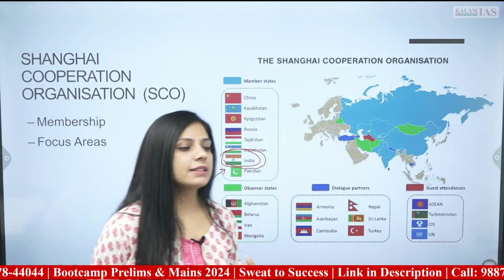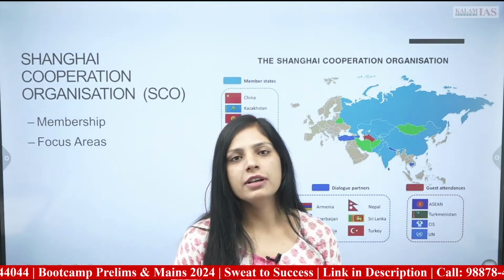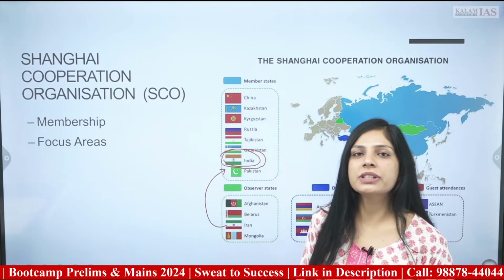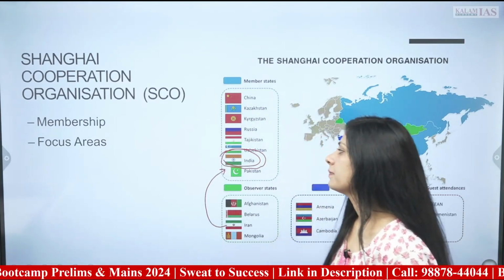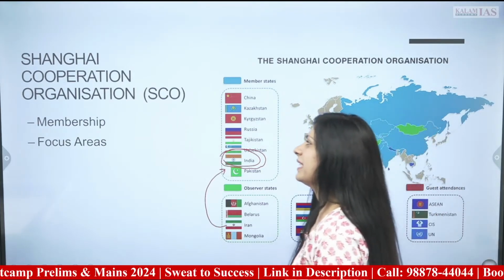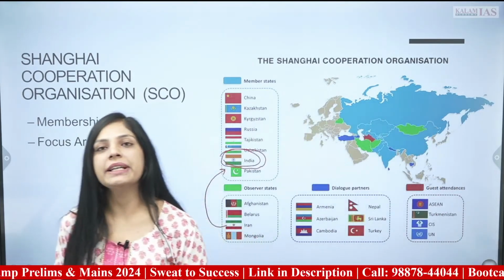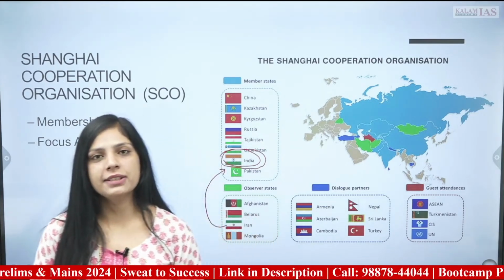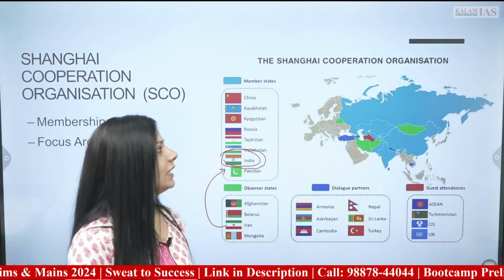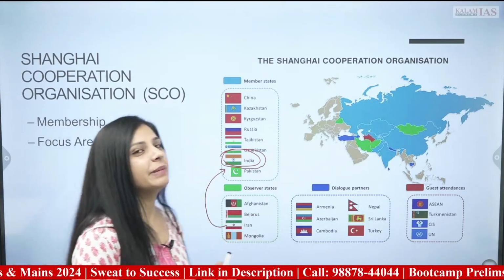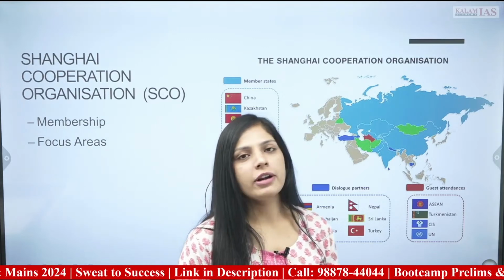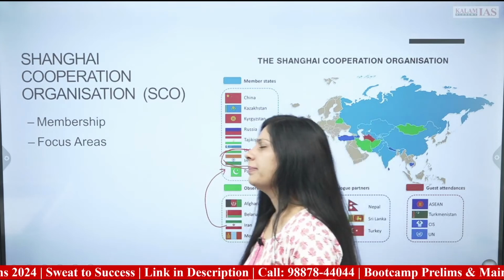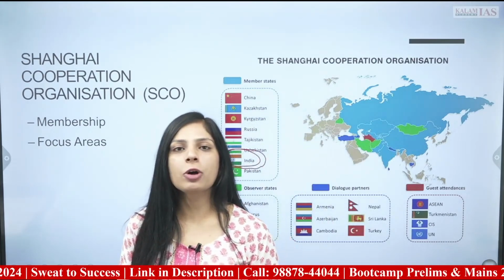Then the focus areas. What are the objectives of a grouping or international institution, which it seeks to achieve, right? For example, take another grouping, G20, right? It largely focuses on economic cooperation, right? If we talk about SCO, it is mainly for fostering security, right? In BIMSTEC, technical and economic cooperation is sought.